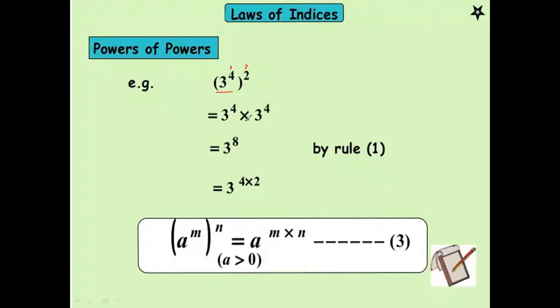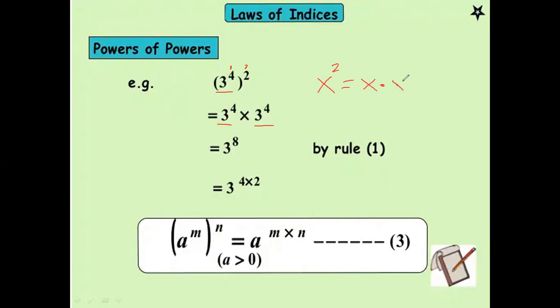Now, if we write it in a multiplication form, that is just the same as 3 to the power of 4 times 3 to the power of 4. That is just the same as x to the power of 2, which is equivalent to x times x.